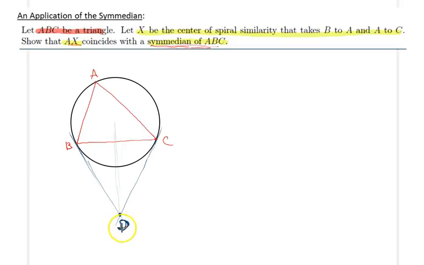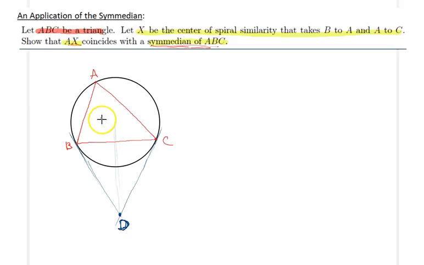Now let's try to understand the problem. There is a center of spiral similarity which will take B to A and then A to C. You can think of a point inside this triangle. Let me draw it for now, and then I will erase my drawing.